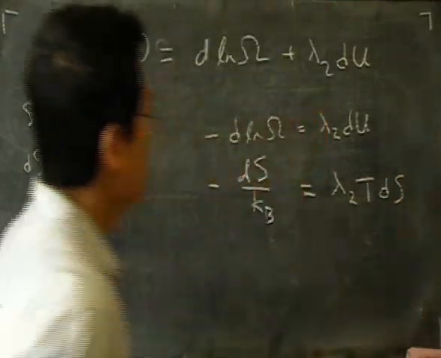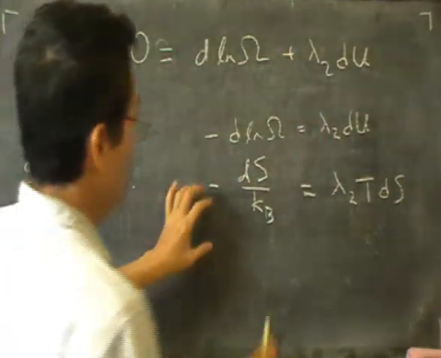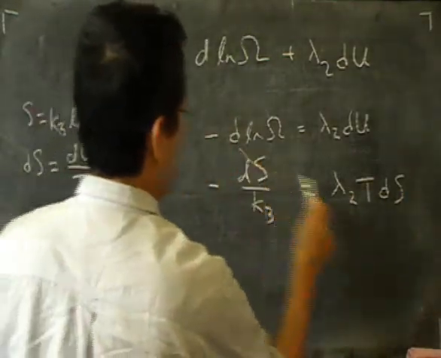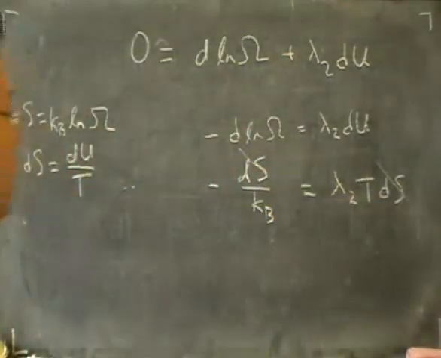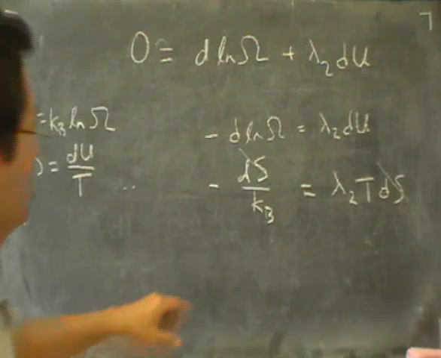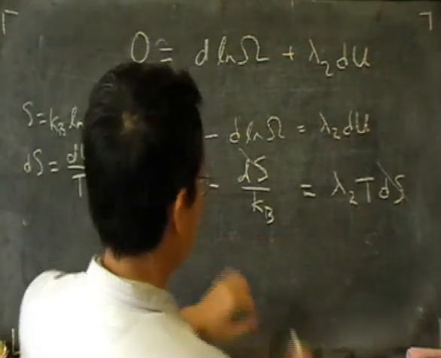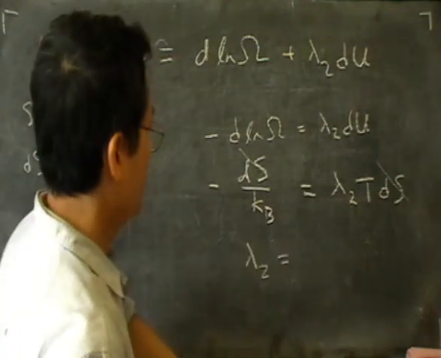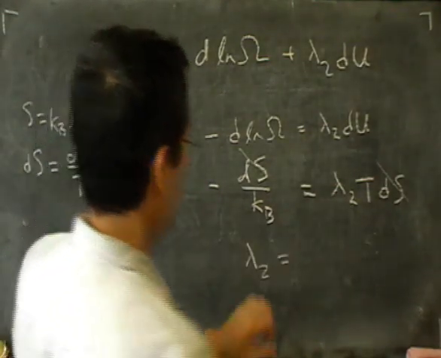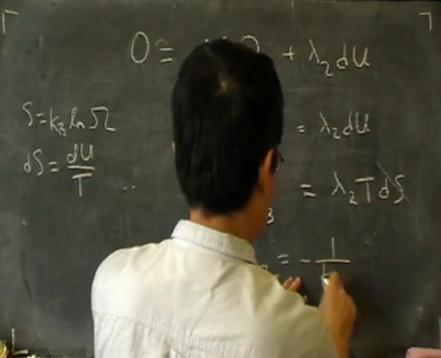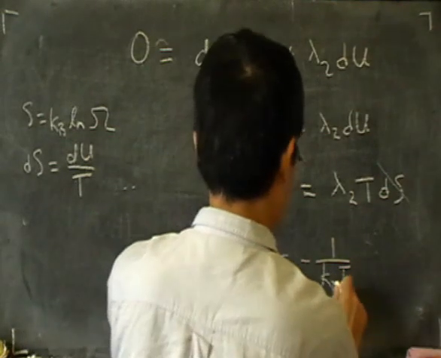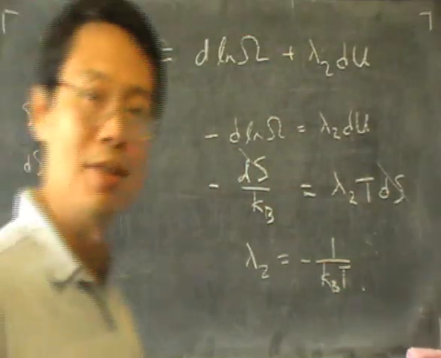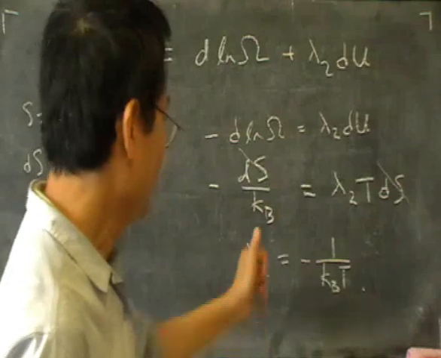Right, and if we compare the two sides, dS are common. So if I rearrange, we would find that lambda 2 is equal to minus 1 over kBT. There, we have just found lambda 2.